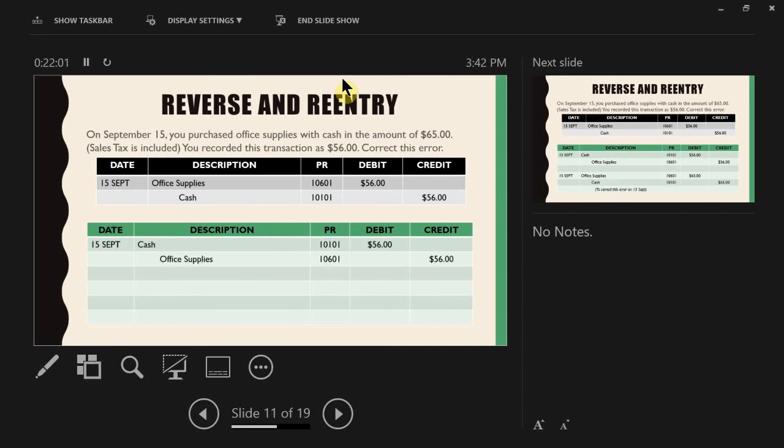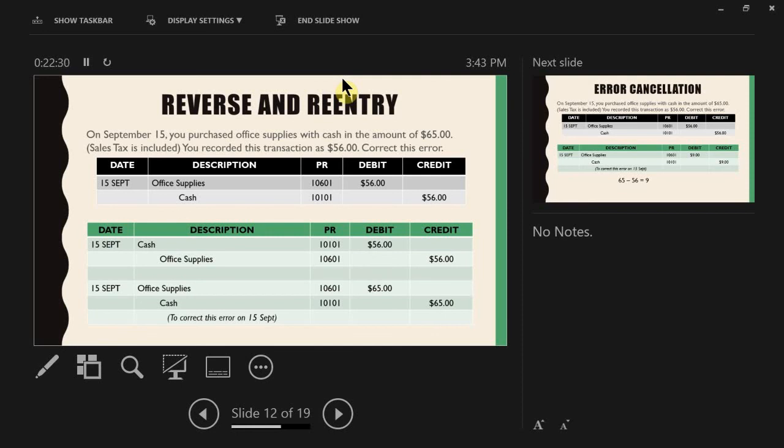And how do I do that? Again, I'm going to go to the store, I'm going to return the supplies, and I'm going to get my cash back, okay? For the amount that I wrote it for. And then I'm going to turn around and repurchase them for the correct amount. In this case, I'm going to take my second entry, which I'm going to journalize with the correct amount right here.